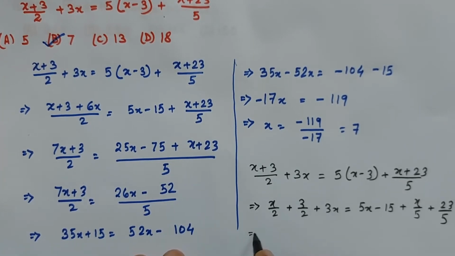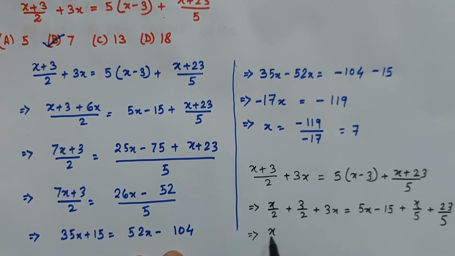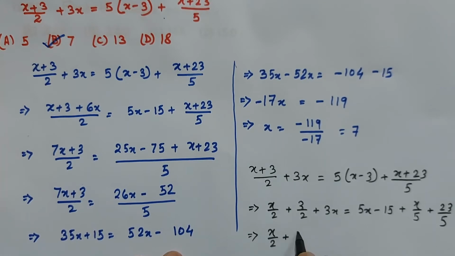just dividing, separating the x term and the constant term in order to reduce the calculation. Okay, if you do this, your calculation will be very minimal. This is minus 3 by 2, and this is 23. You can do it in this way also.